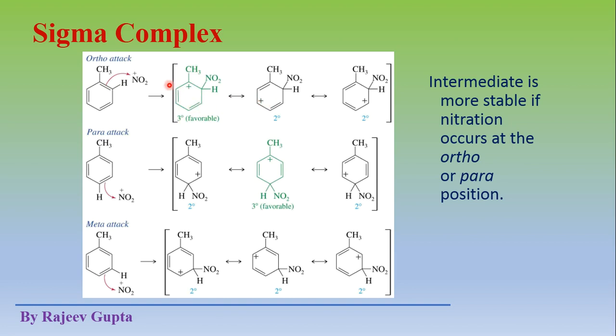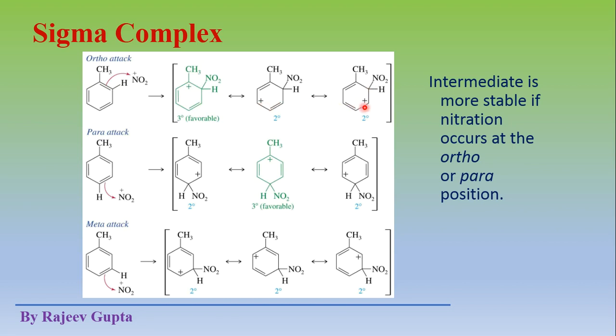The pi electron shift towards this we can show, and the positive charge goes here and here, and the positive charge comes here. We see that in all these structures, the positive charge goes on this ipso position and these meta positions.